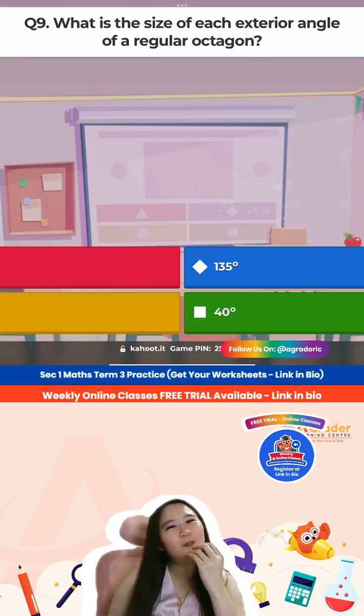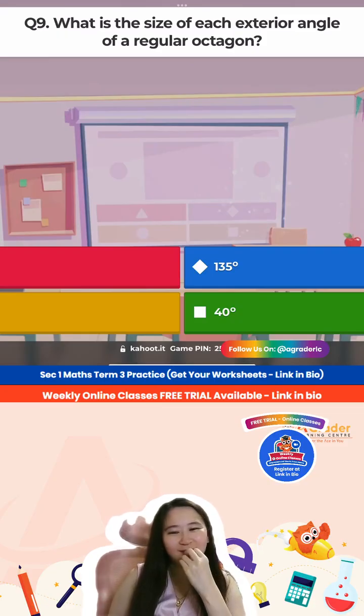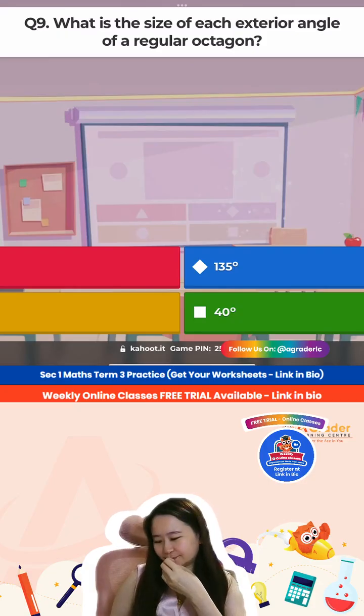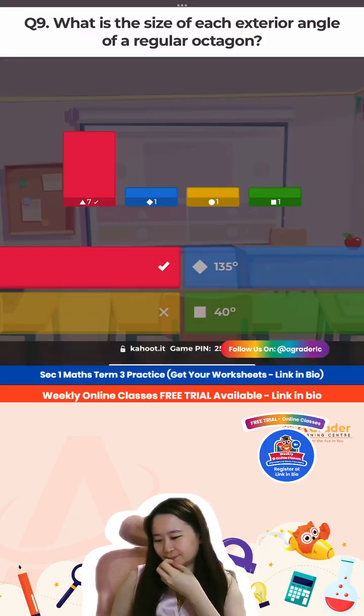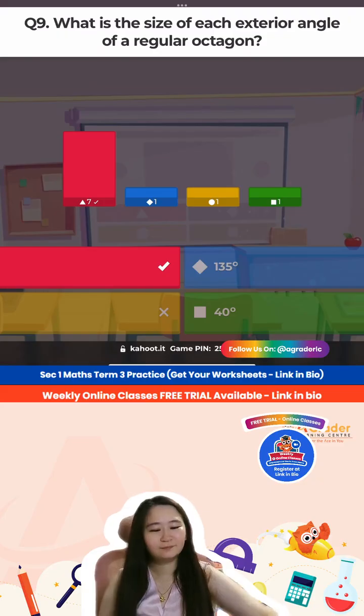So you must know what an octagon is first before you can work on this question.